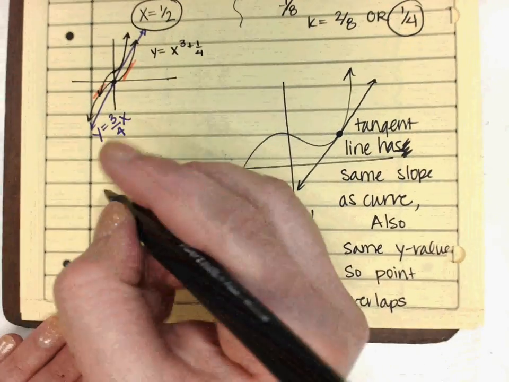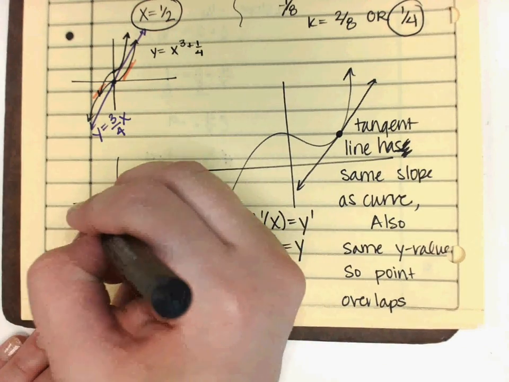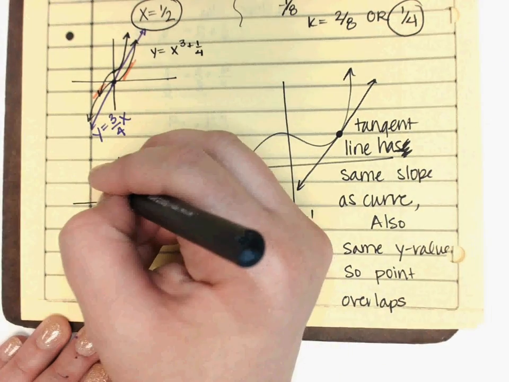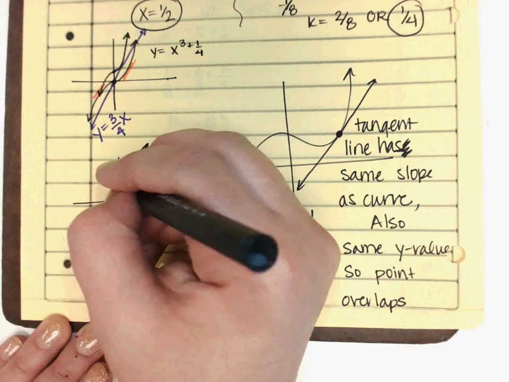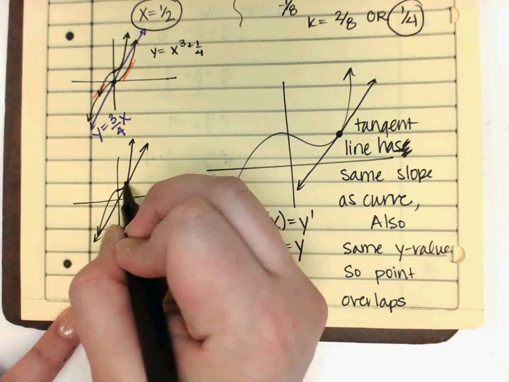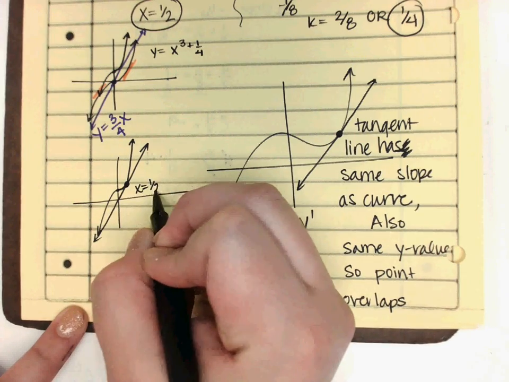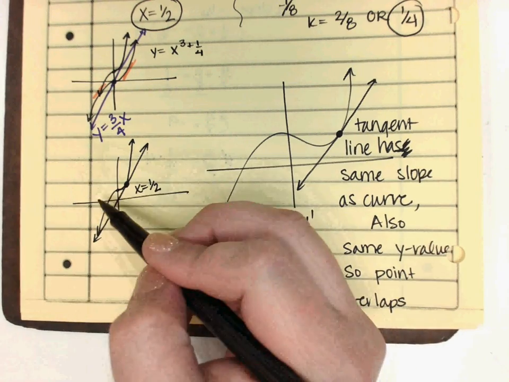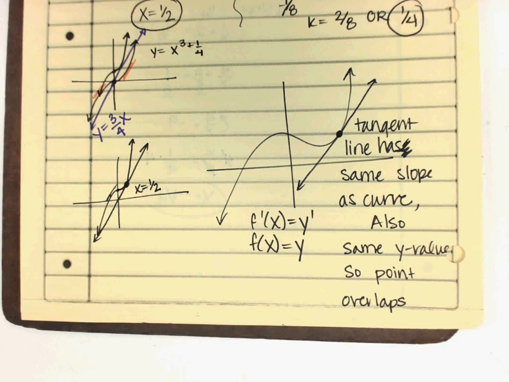So let me draw it one more time so it looks better. Here's your straight line, and then my cubic is here, and it goes kiss. Get it? And where do they kiss at? A half. Now, is it still tangent over here at negative a half? Sure. Okay, but I have to bump it up so that it perfectly kisses this side of the graph.